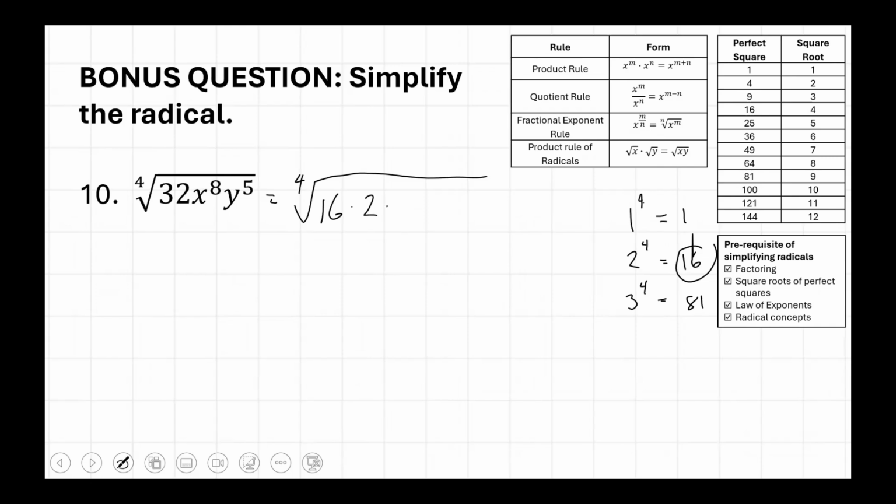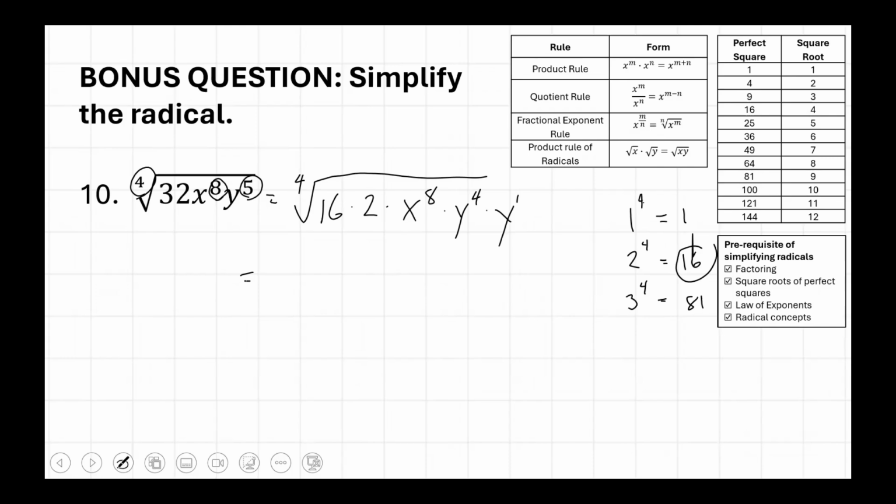times. I will not break the 8 because it is divisible by 4. So it remains x raised to 8. Times y raised to 5, which is not divisible by 4, so I need to break it apart. 4 is the closest number that can be divided by 4. y raised to 4 times y raised to 1.